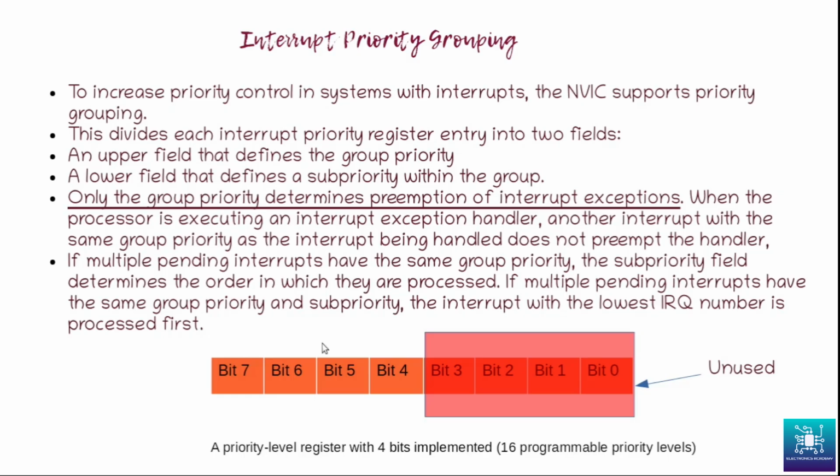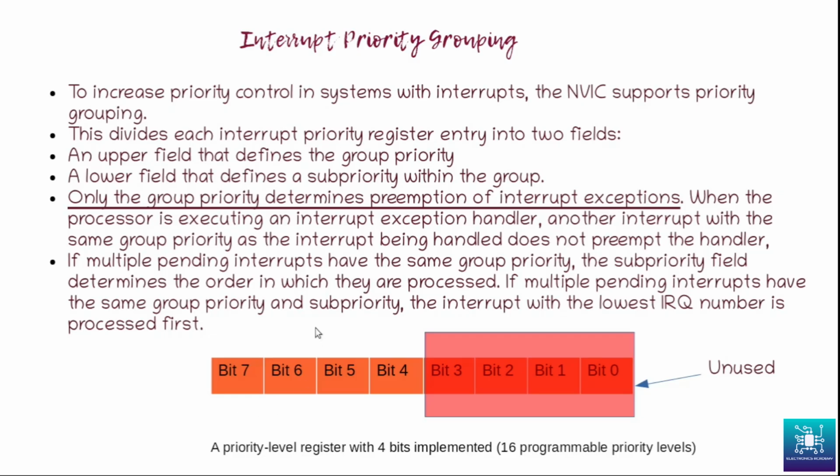In that way, you will only have 2 bits to decide group priority, and within that group you will have 2 bits to decide sub priority. And that split point can move around, and you can have all 4 bits for the group, so you do not have any sub priority there. There will be 16 levels of group priority, and the priority of an interrupt is determined by the group priority, not by the sub priority.